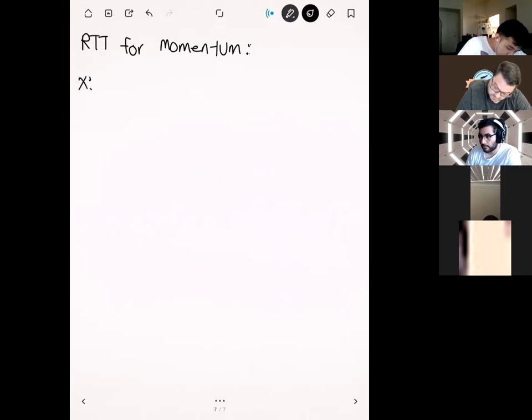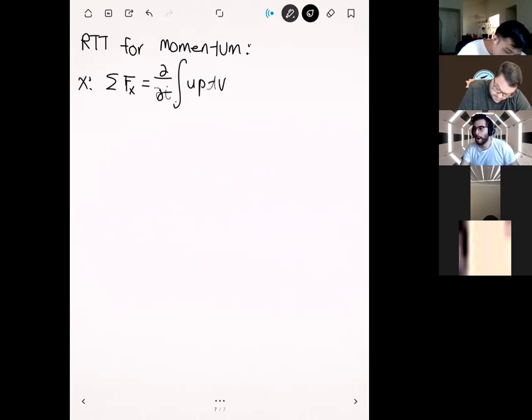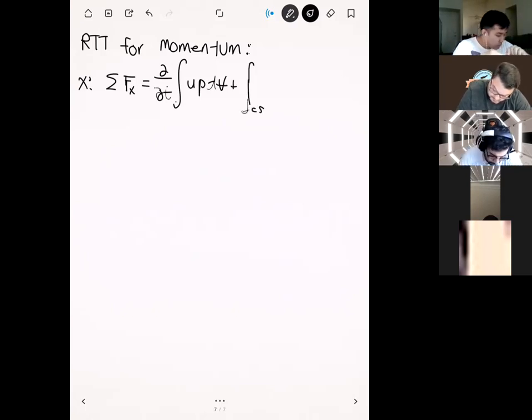From the x direction, we have the sum of all the forces in the x direction is equal to partial t of the integral of u rho dV, plus the integral over the control surface of u rho u vector dot n hat dA.